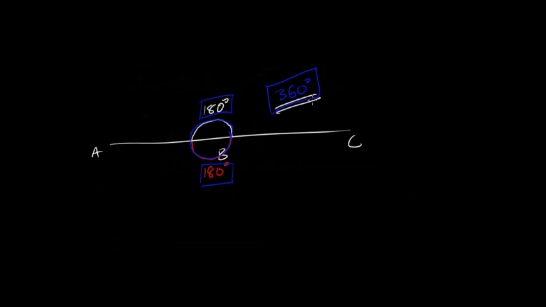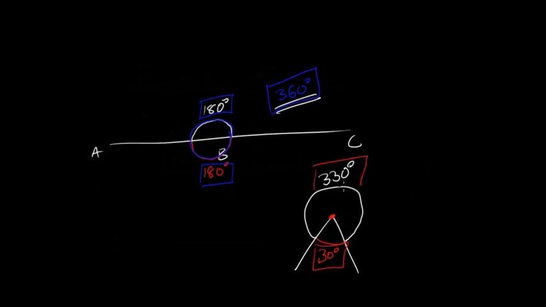That's the theorem. For example, let's say you're given something like this, and then you have here an angle of 330 degrees. We know that whenever you add the angles around this point, you're going to get 360. So the unknown angle here has to be 30 degrees, so that whenever you add 330 and 30 degrees, you get 360 degrees.